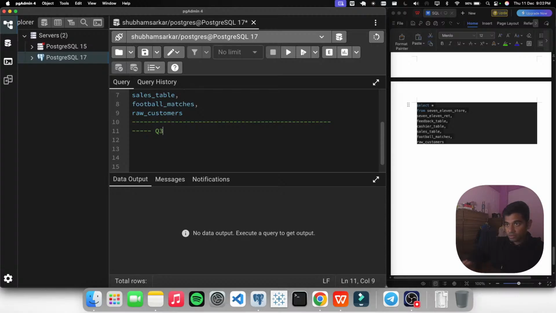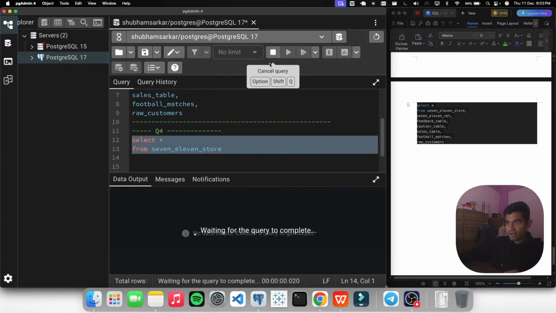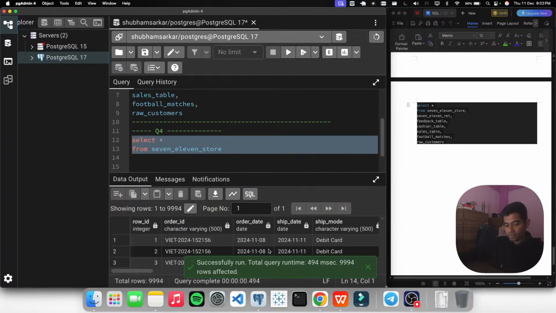So it is like question 4, and we can write select everything from the table and execute it. So here what we have is order date.